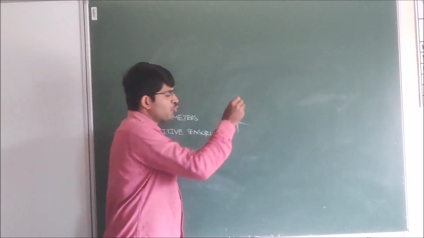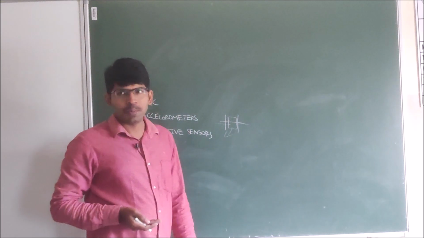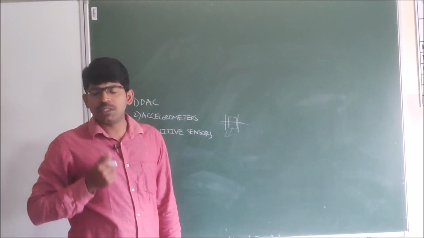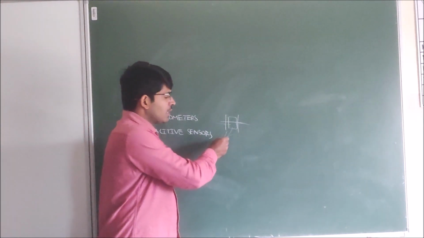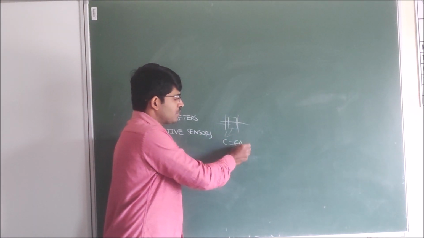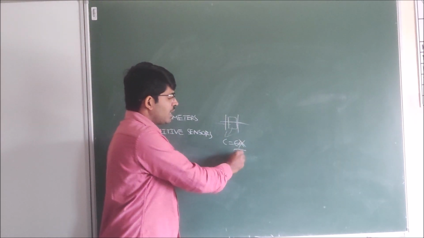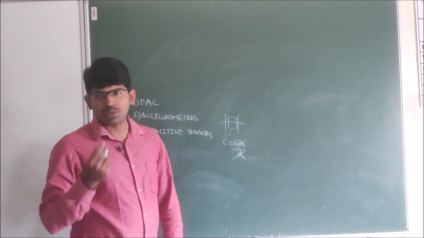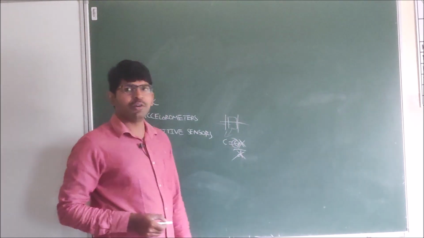If we are filling the fuel, when the fuel level is increasing, then the dielectric medium is changing. When the dielectric medium is changing, accordingly the capacitance will change. Epsilon A by D: we are not changing the area and we are not changing the distance between the plates, but we are changing the permittivity of the medium.